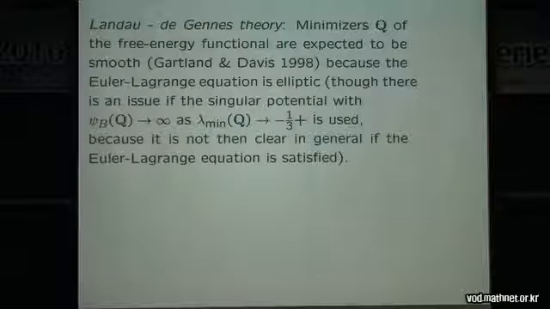So now in the Landau-de Gennes theory, the description of defects is going to be different because the Euler-Lagrange equations are elliptic. There is a slight problem if you use the bulk potential, which blows up as the minimum eigenvalue goes to -1/3. But at least in one case, you can still get the Euler-Lagrange equation.